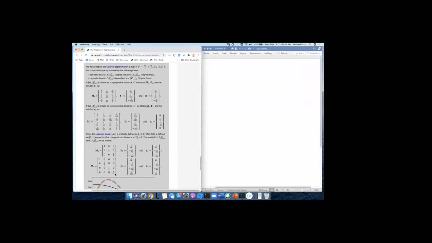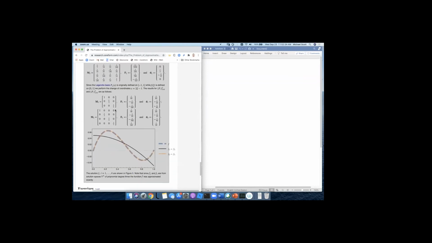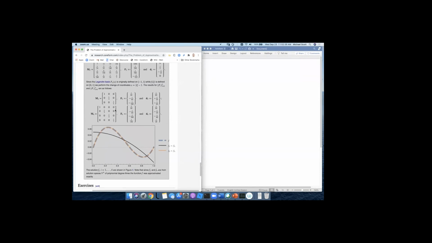And what you should see immediately is the mass matrix for the orthogonal polynomials diagonalizes. That's why they're nice, because it diagonalizes the operator and it makes it easy to invert the mass matrix, because it's just a diagonal matrix. Whereas with the Bernsteins, you get a full matrix. And then we do some solutions, some approximations.